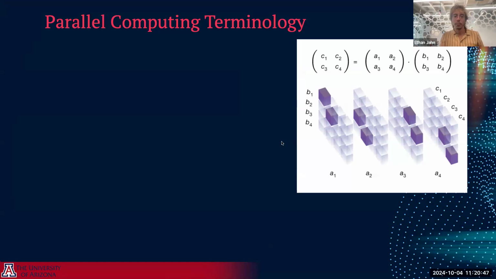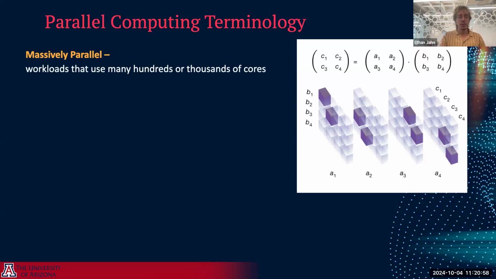Okay, if not, then we'll continue on with the parallel computing terminology. Just some more terms here that you might encounter. Massively parallel refers to workloads that use many hundreds or thousands of cores, typically multi-node jobs using many, many nodes, each with however many cores exist on that particular type of node.